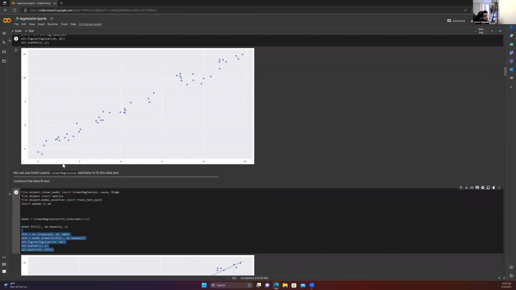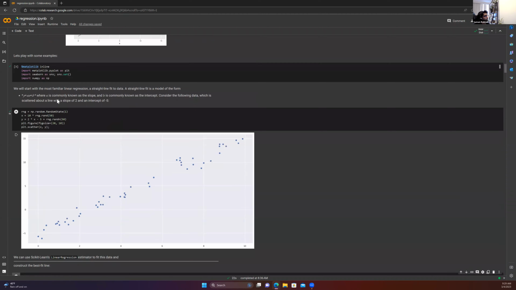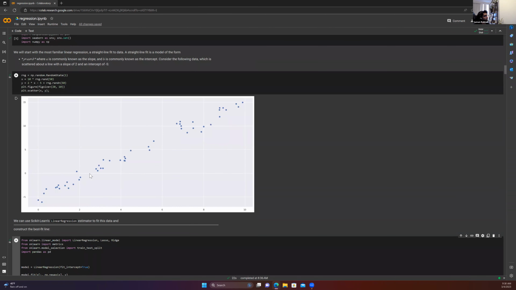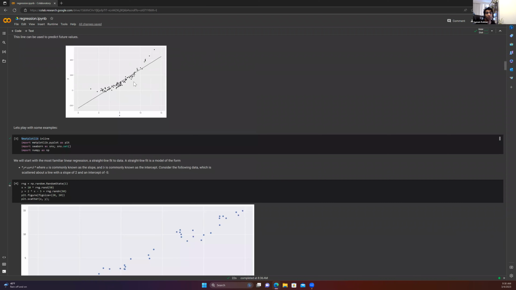But when we fit this line, the model tries to say, if we have a data point here that we hadn't seen before, what would be its y based on the patterns that I've seen before? So it tries to predict for that.